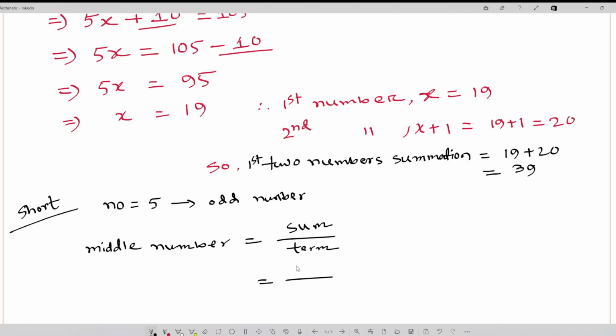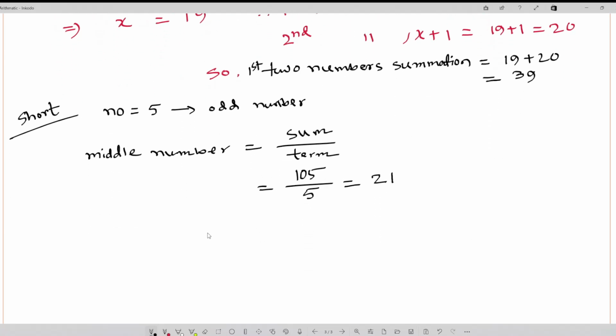What was the sum? The sum was 105 and the number of terms is 5. So once we divide 105 by 5, it will become 21. So 21 is our middle number. Here are the first 2, here are the last 2. So before 21 will be 20 and another one is 19. Once we add these, we will get 39. So this is the shortest trick. Hope you understand this one.